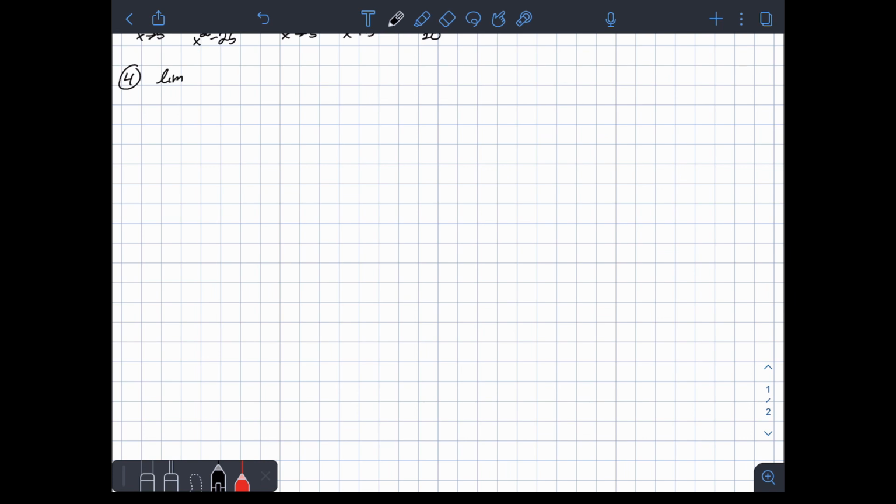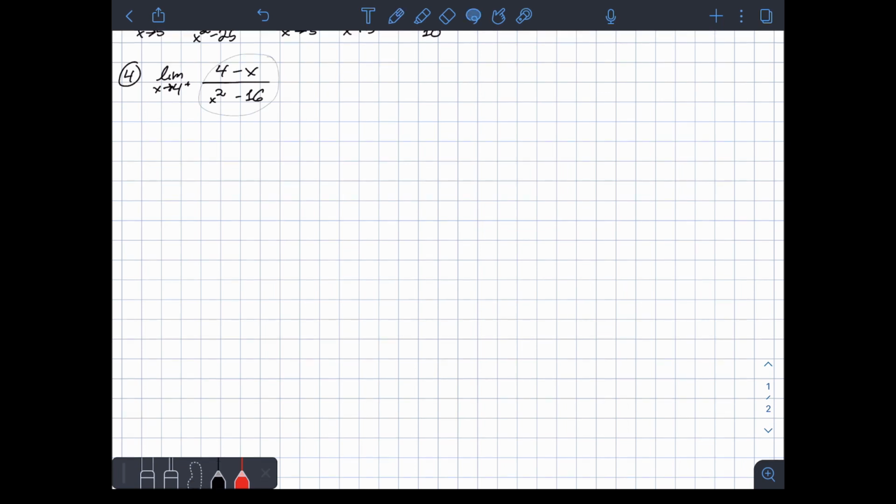Right, another one like that, the limit as x approaches 4 from the right of 4 minus x over x squared minus 16. If we just plug in 4, we end up with an indeterminate form. So here we'll have to find an equivalent form.